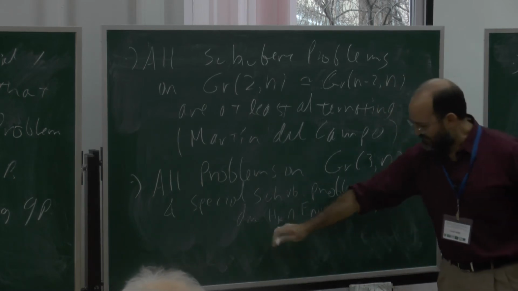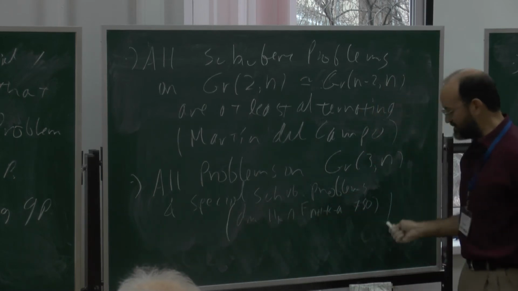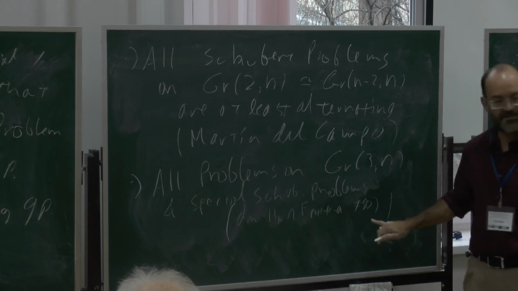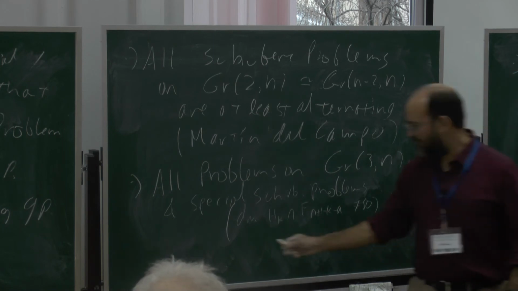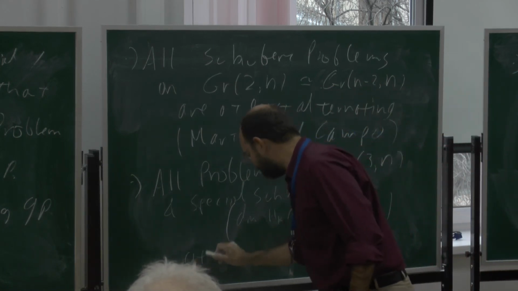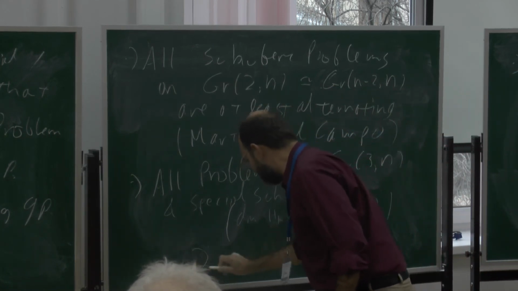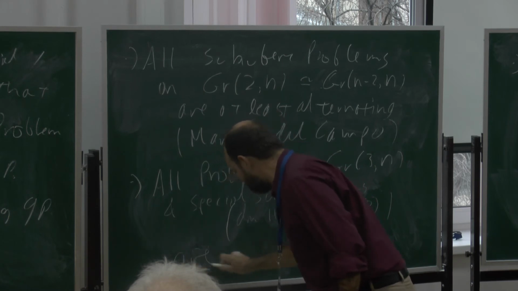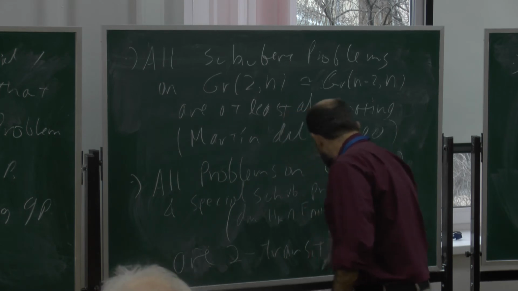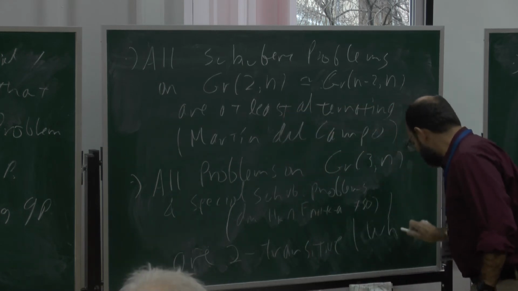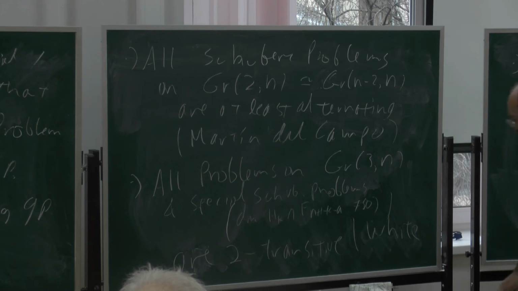So there's only one condition, and it's a simple incidence condition. If you only have those, then these are at least two transitive. That's with White, who works at the University of Texas Rio Grande Valley.